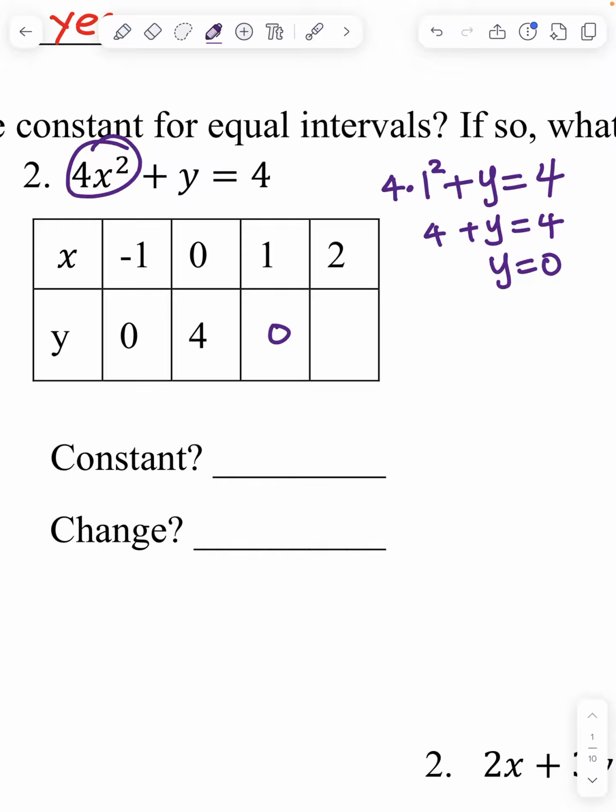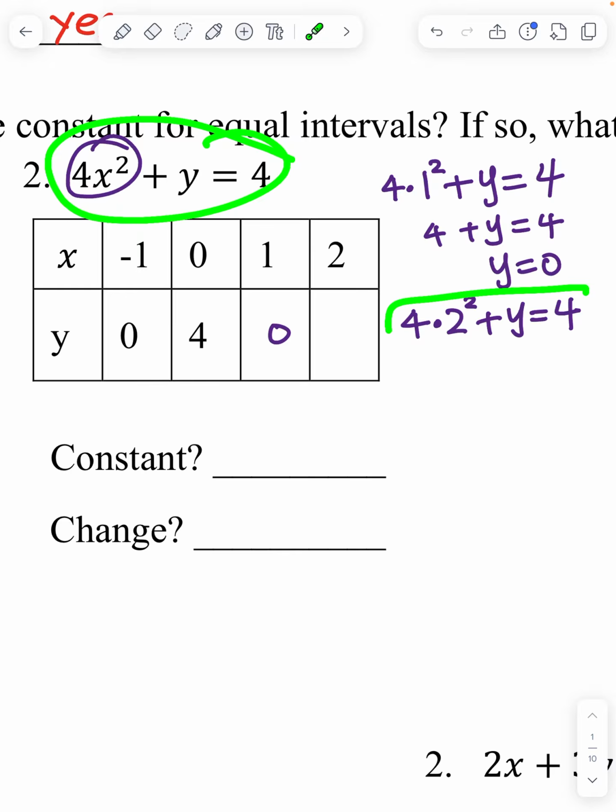Last one, x equal to 2. So 4 times 2 square, then plus y equal to 4. Again, I just copy the equation, but change the x value by 2, yeah? So now 2 square, or 2 raised to the second power, is 4.